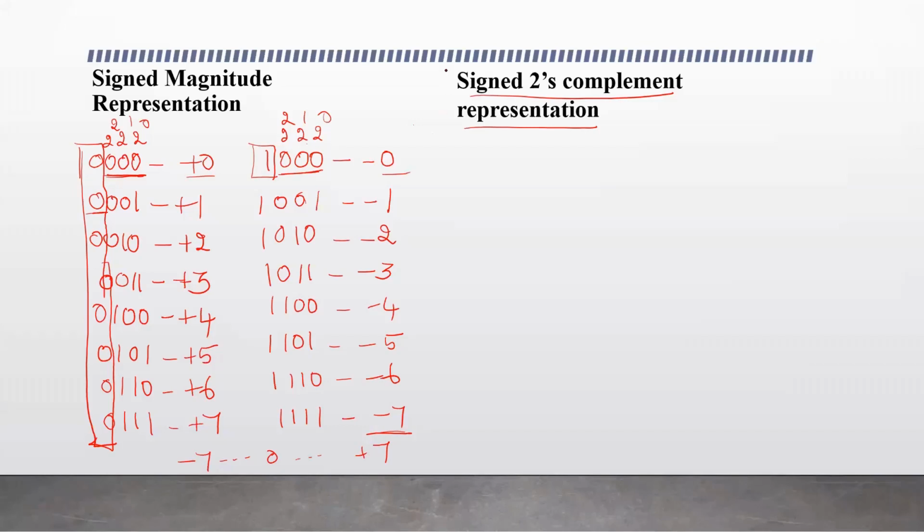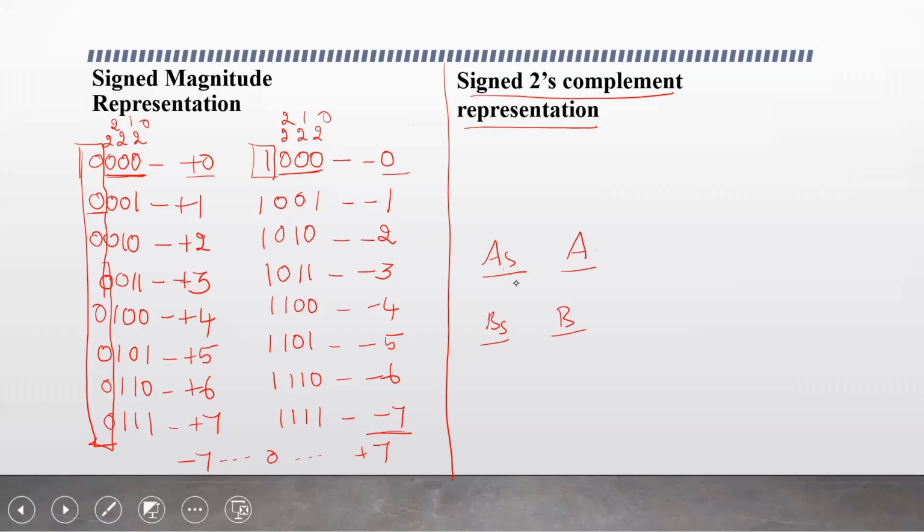Hope this is clear. This is signed magnitude representation. We used AS as the register for storing the sign bit, A as the register for storing the data bits, BS as the sign bit and B as the data, because sign bits need to be treated separately in sign magnitude representation.